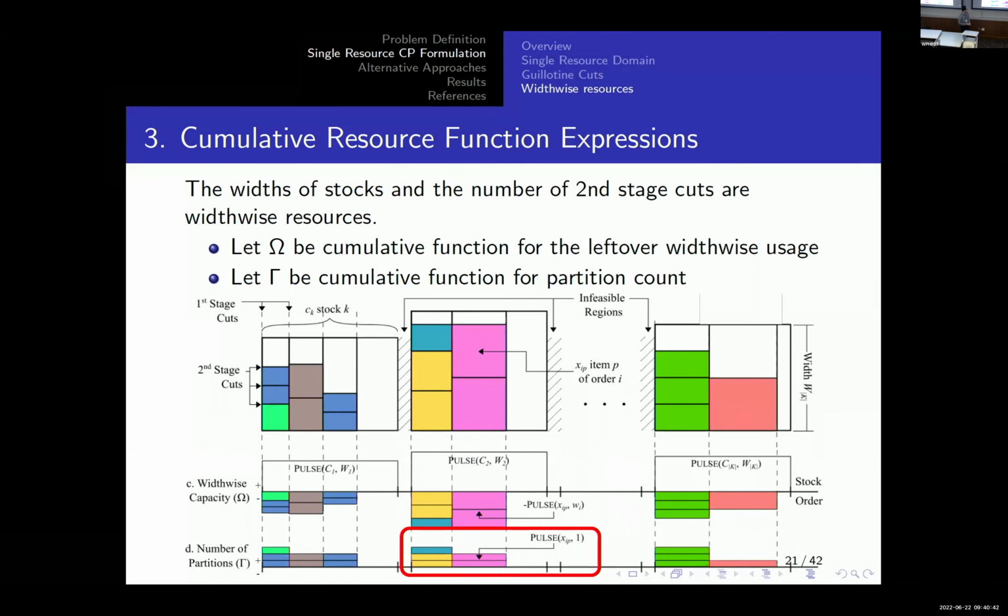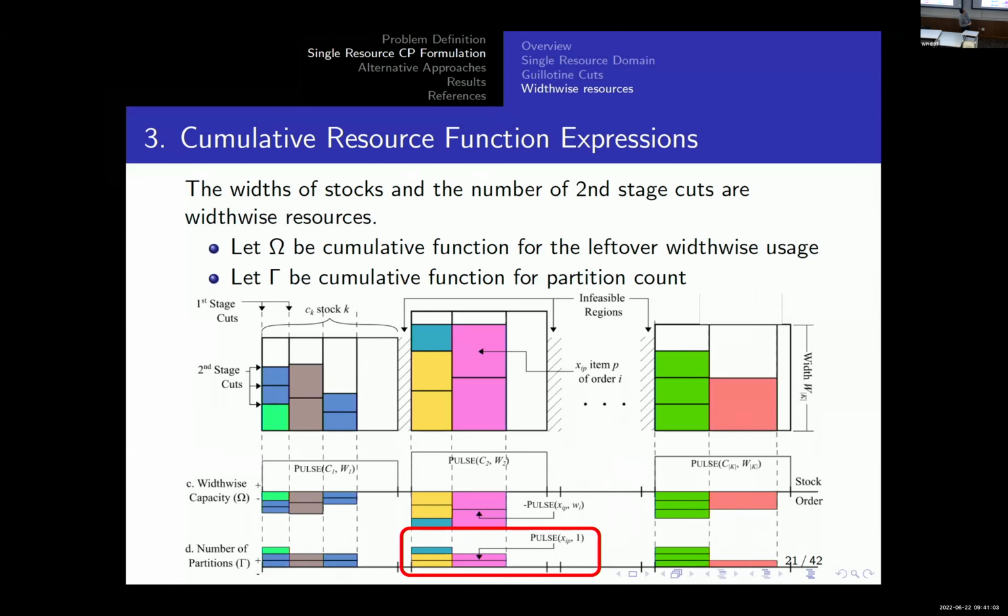In terms of the number of second stage cuts, we're generating a unit pulse in a positive direction for each item, so that as long as the total summation of all of these pulses, in other words, the cumulative function, doesn't exceed the maximum limit, we're obtaining a satisfying solution.